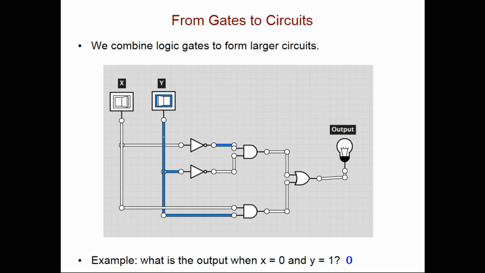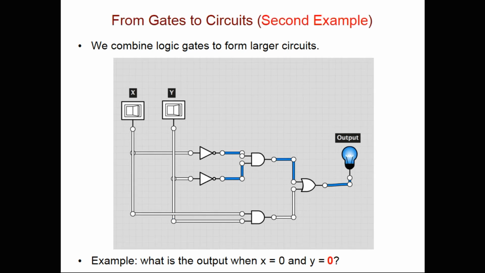So if X is 0 and Y is 1, the top AND gate, which takes the negation of Y, has a result of 0. And the bottom AND gate also has a result of 0 because X is 0, and two 0 values make the output 0.